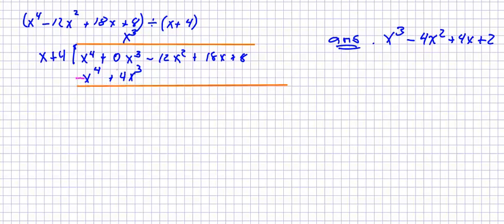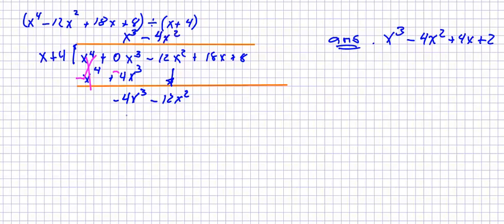When we subtract, we change the signs. These cancel. 0 and a negative 4 is minus 4x cubed minus 12x squared. Again, we always bring that down. You don't have to draw the line. x goes into minus 4x cubed to minus 4x squared.